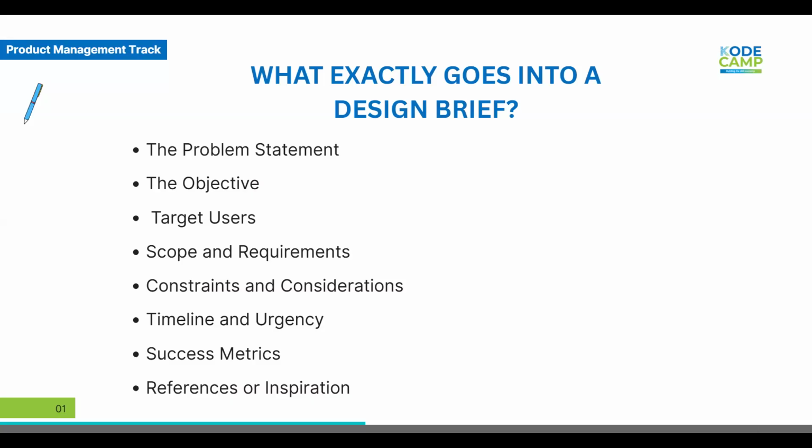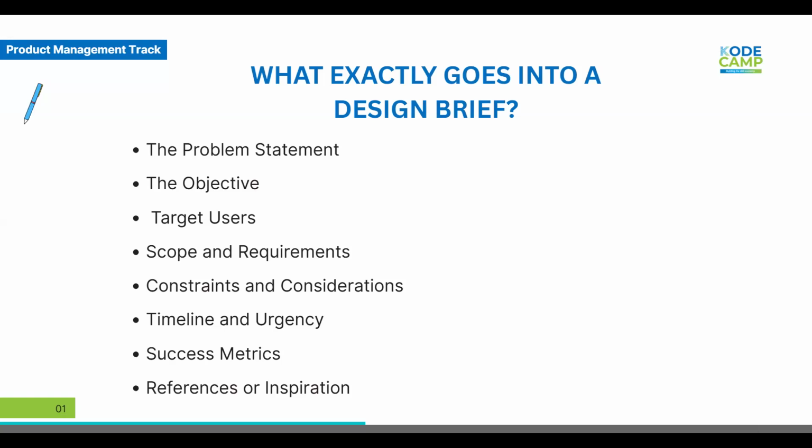And then we have target users. Who are we designing for? Be specific and say something like, this is for everyday users in Nigeria, age range 24 to 40, mostly using mid-range Android devices, and they are familiar with mobile applications, but need clear instructions and minimal effort to complete tasks.